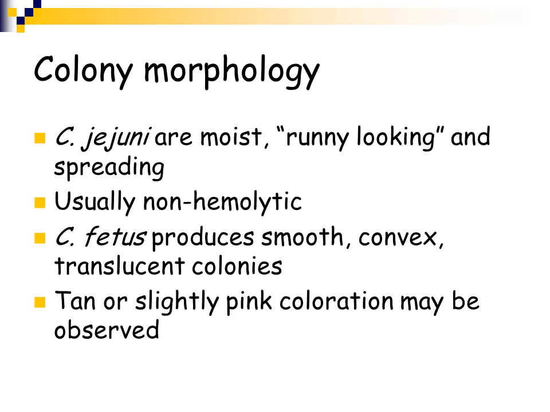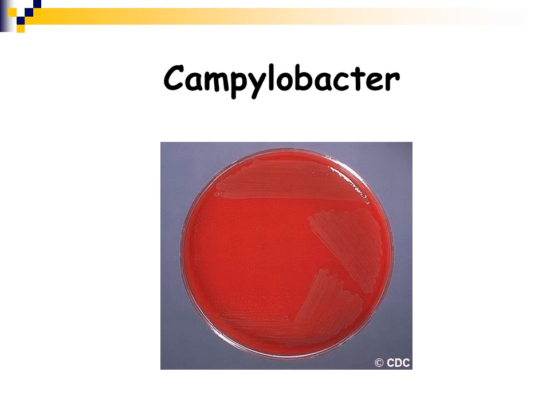They tend to have either a tannish or a slight pink coloration. And here is Campylobacter on your Campy blood agar plate, and you can see that slight pink hue to it, but it's very subtle.